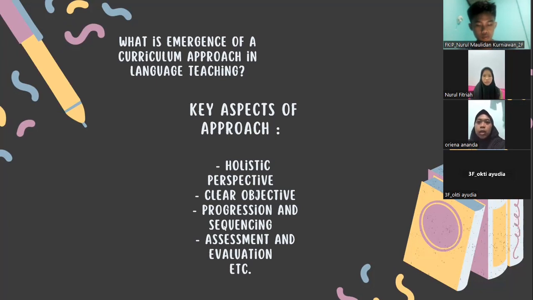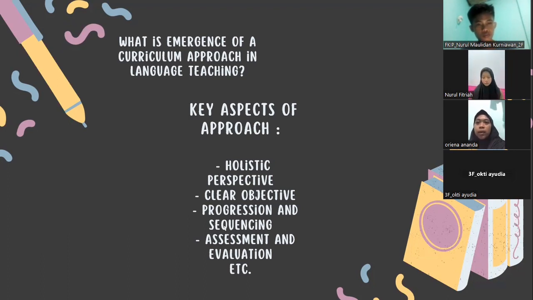It takes into account not only linguistic aspects like grammar, vocabulary, or pronunciation, but also communicative, cultural, and social dimensions. This means that language learners are exposed to real-world language use and cultural contexts. Next is clear objectives.